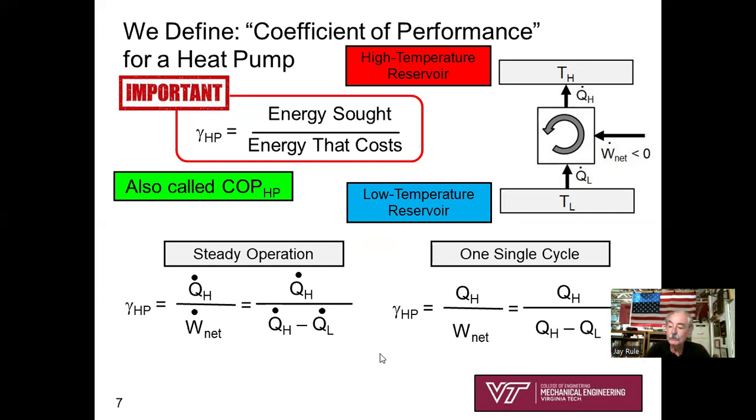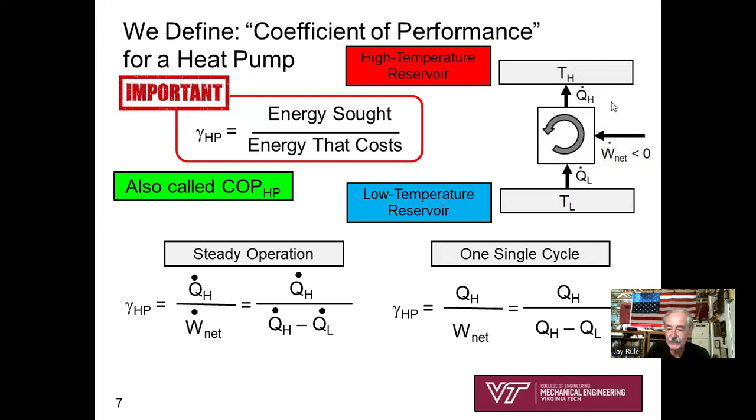For a heat pump, we've got a new Greek letter. It's gamma. It is not the letter Y. It is Greek letter gamma, HP, heat pump. Gamma of the heat pump is the energy sought over the energy that costs. Very repetitive: energy sought over the energy that costs.